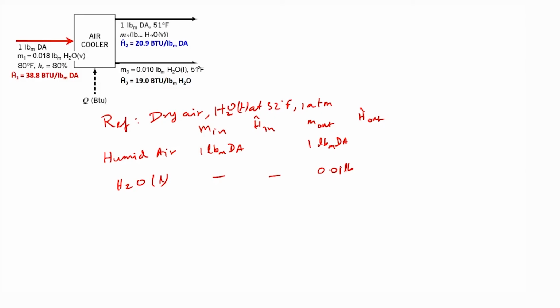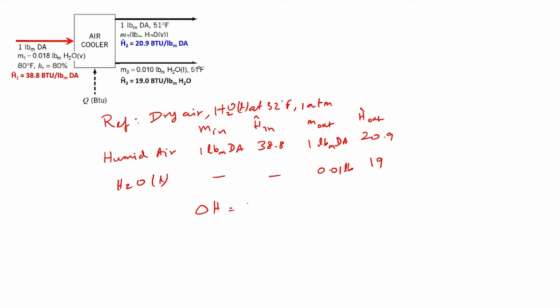Using the calculations which we have already done for the psychrometric charts, we can fill the enthalpy table, where H1 cap would be 38.8 BTU per pound mass of dry air, this would be 20.9 BTU per pound mass of dry air, and this value would be 19 BTU per pound mass of water. Now, using this table we can calculate the delta H value.